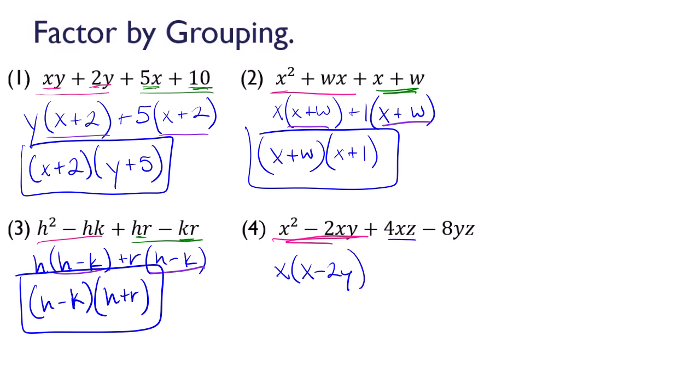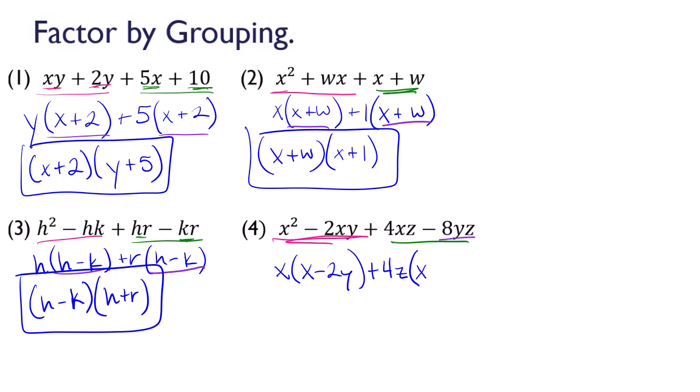Okay, then we're going to factor out the GCF from the second two terms. So the GCF between 4 and 8 is 4, right? The numerical GCF is 4. And they both share a z, so it's actually going to be 4z is the GCF. So if I divide this by 4z, I'll just get x, right?